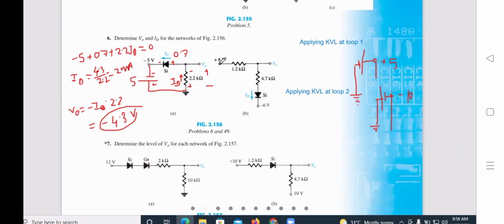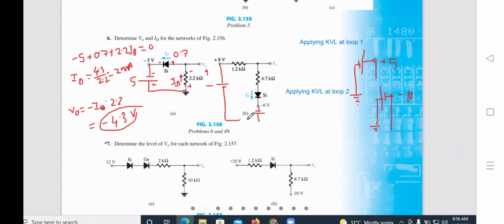Here supply is plus 8 volt and here minus 6 volt. So two supplies are there. Plus 8 volt means the plus point of the battery is connected here, and the minus point is grounded. Minus 6 means the minus point of the battery is connected here, and the plus point is grounded.